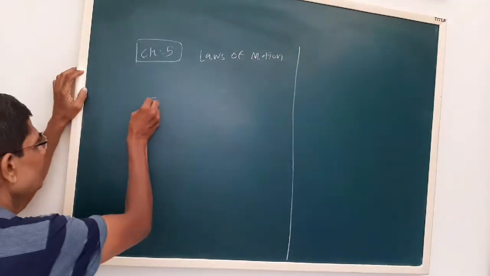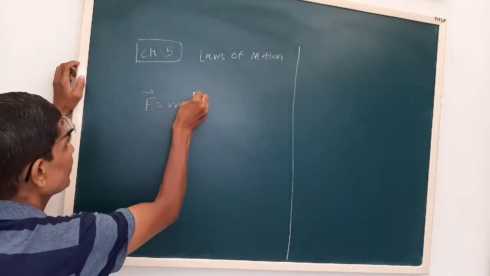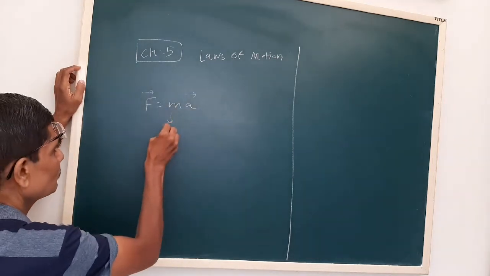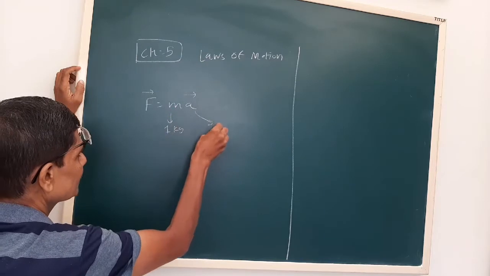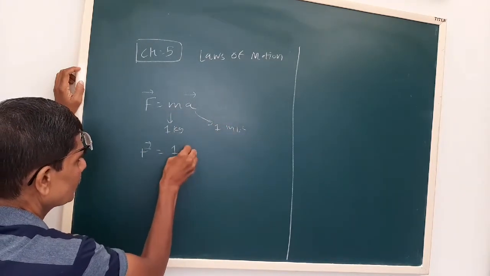Now see our equation, F is equal to ma. What is 1 Newton force? Suppose the mass of the body is 1 kg and the acceleration is 1 meter per second square. Then the force is 1 Newton.